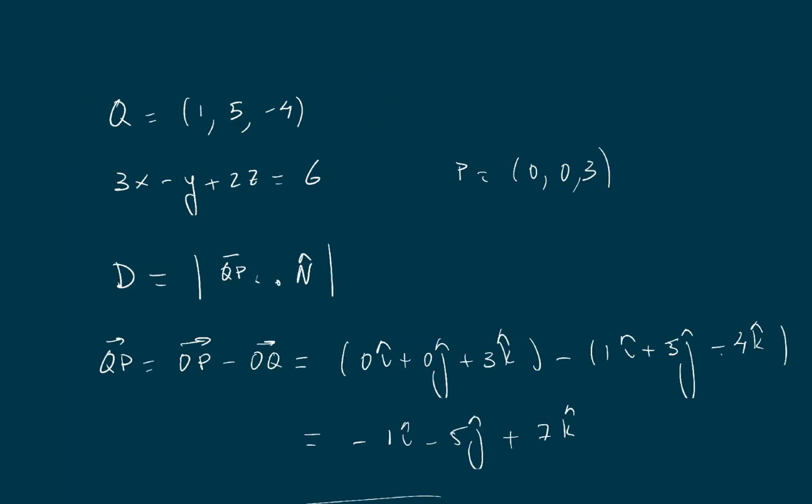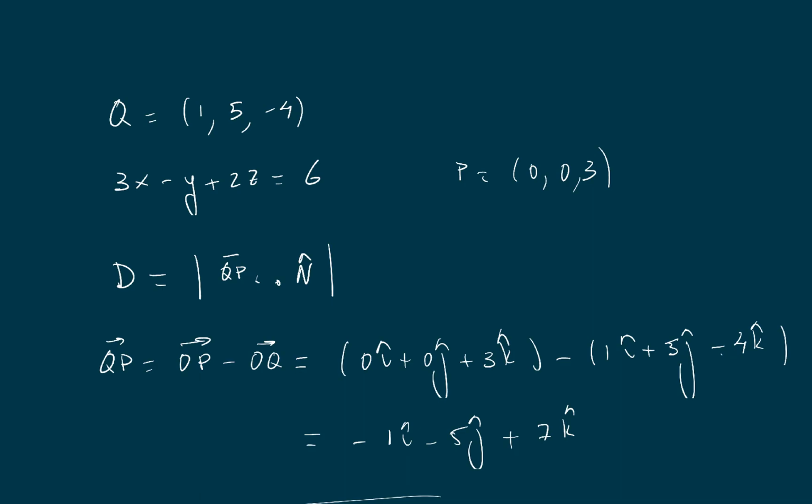Now let's solve this problem to make sure that we understand what we have done. Let's say that we have the point Q (1, 5, -4), or the vector OQ will be 1i plus 5j minus 4k. Let's say that we have the equation of the plane 3x minus y plus 2z equals 6.